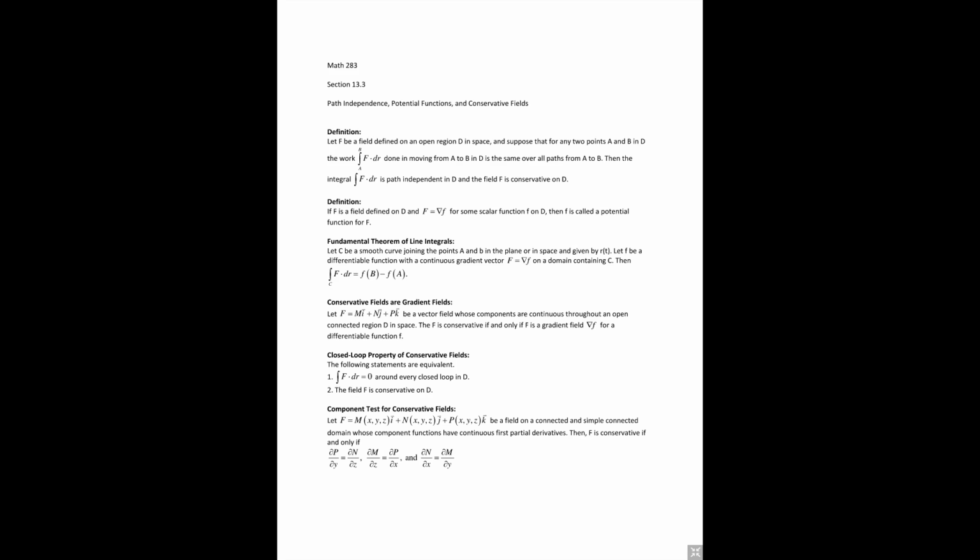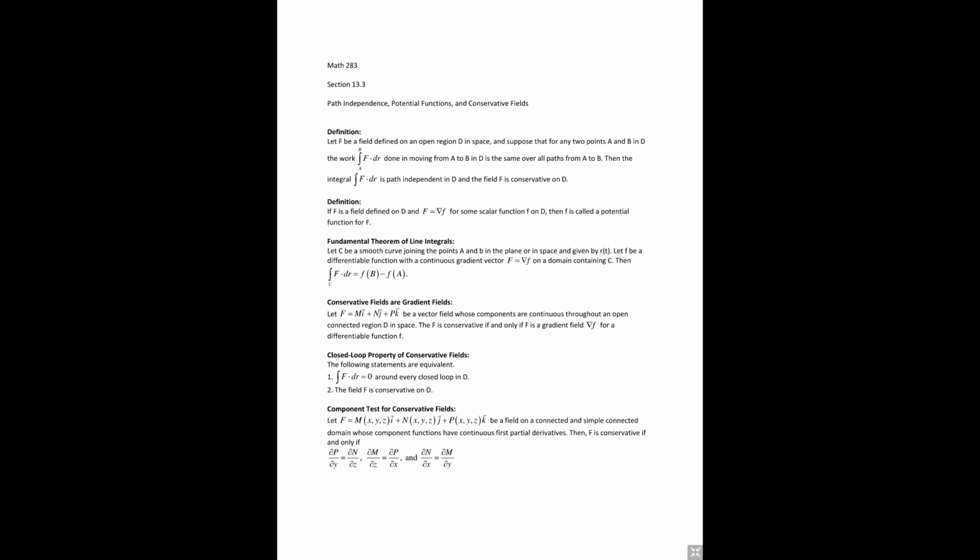Starting off first with the definition: let field F be a field defined on an open region D in space, and suppose for any two points A and B in D, the work integral from A to B of F dot dr done for moving from A to B in D is the same for all paths from A to B. Then we say the integral of F dot dr is independent of path, and the field F is conservative on D.